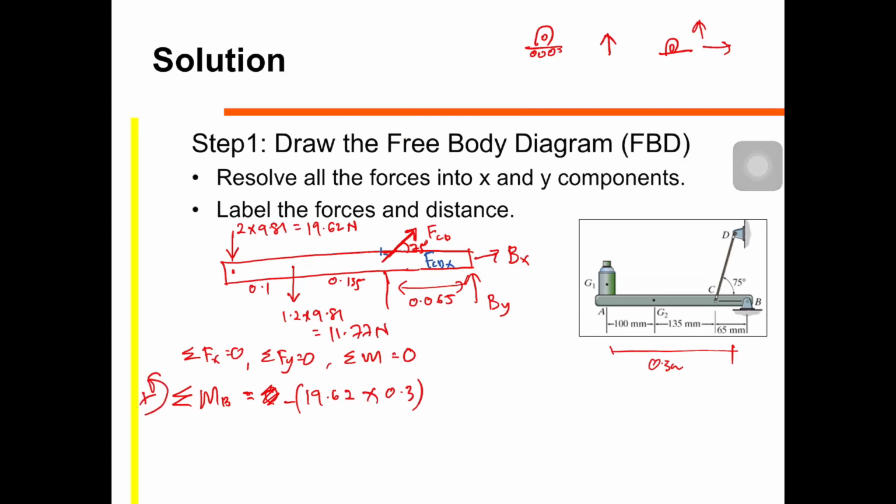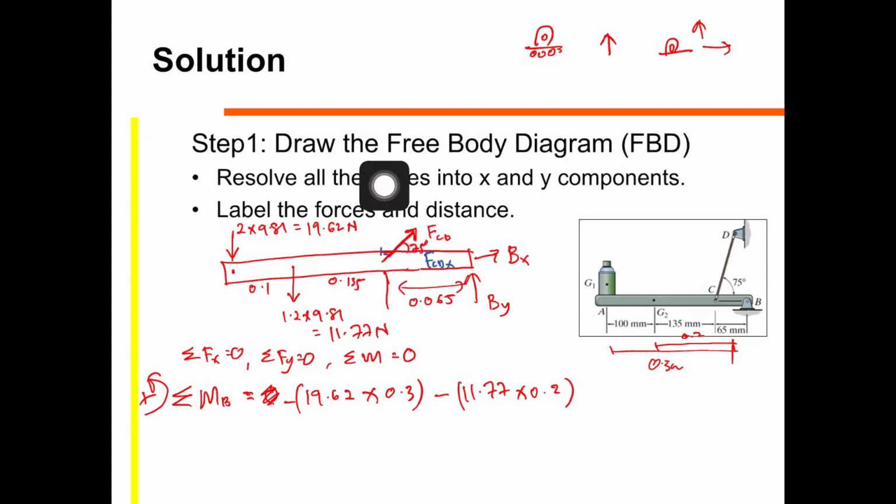And then you have minus 11.77 times the distance from here to here, 0.135 plus 0.065, 0.2, so times 0.2, also minus.